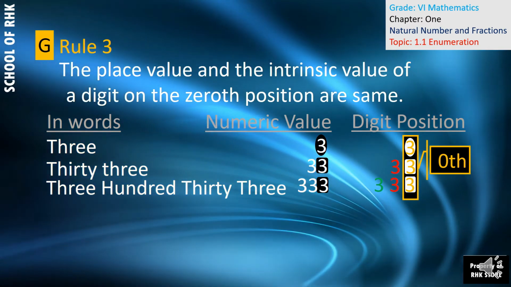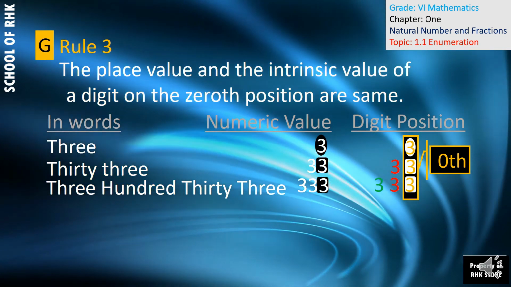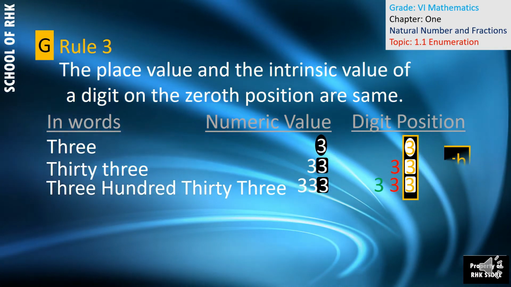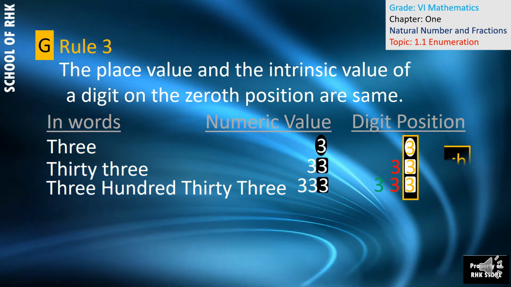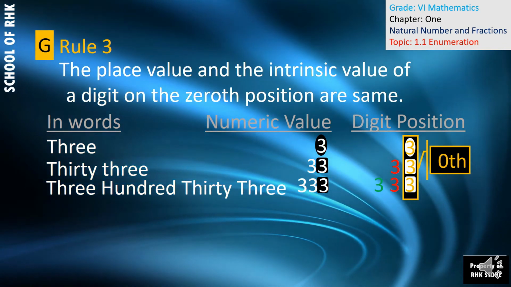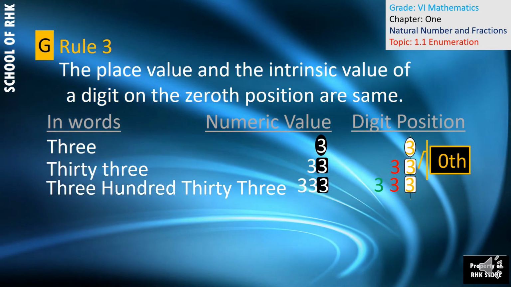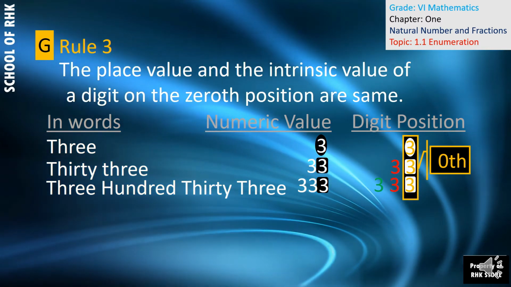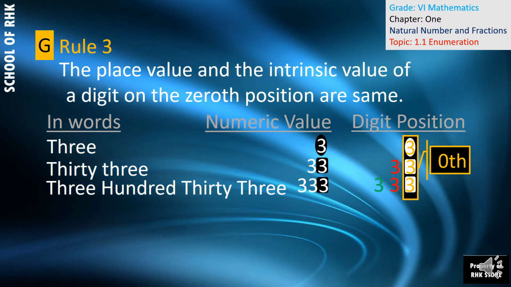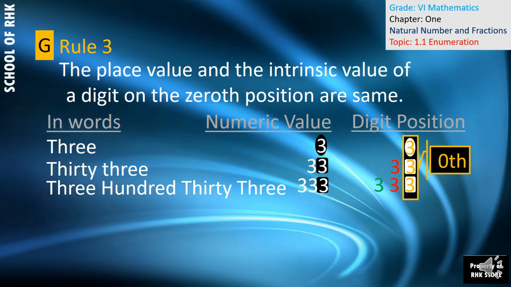Since these digits of 3, 33 and 333 in golden colored box are the zeroth or extreme right of the numbers, in the zeroth or extreme right position of each of these digits, the place value and the intrinsic value are the same, that is 3.